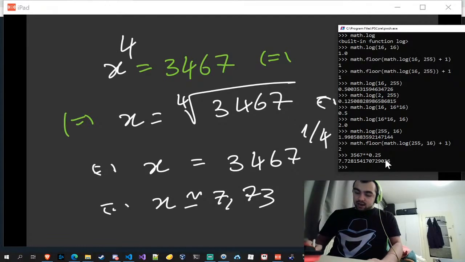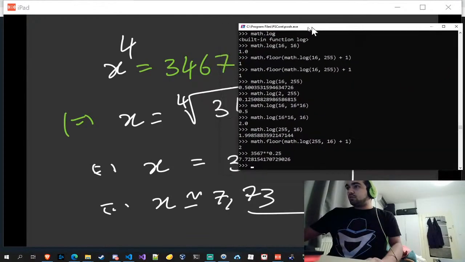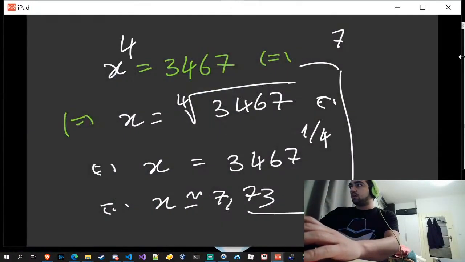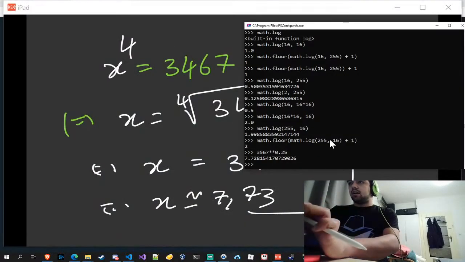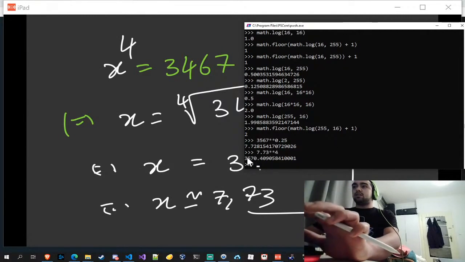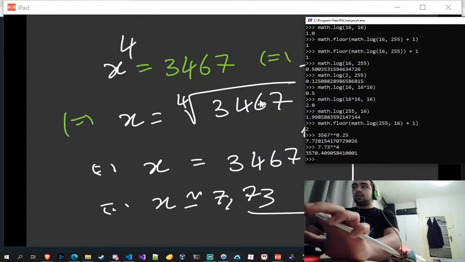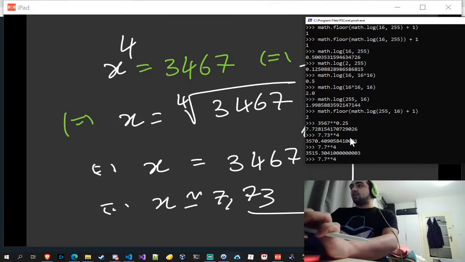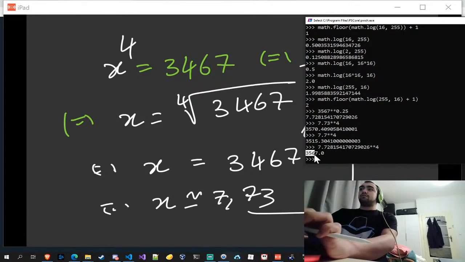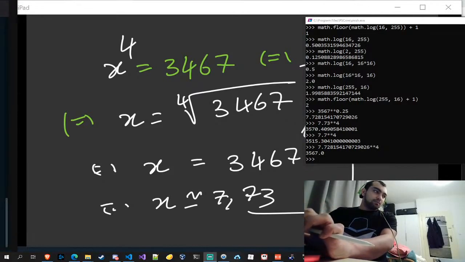You can test this: 7.73 raised to the power of 4 gives a number pretty close to that. But if you use the actual number, it gives way more precise evaluations. So let's use the actual number, and you can see 3, 4, 6, 7. So you can do it like this, and you don't need logarithms because you can't use logarithms in this scenario.